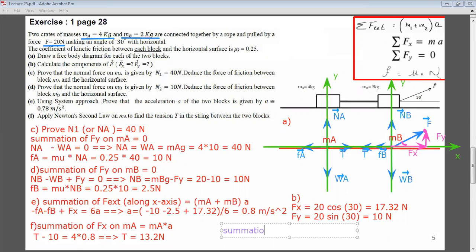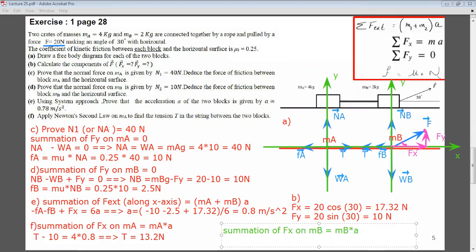So the summation of Fx on MB is equal to MB times the acceleration. Okay, what are the forces on the x-axis for MB?